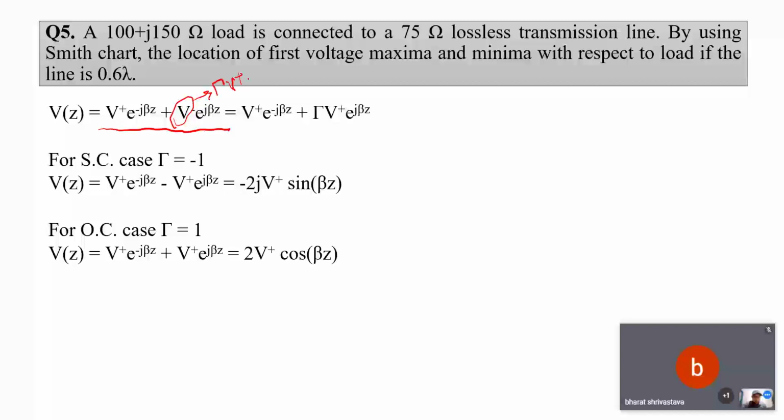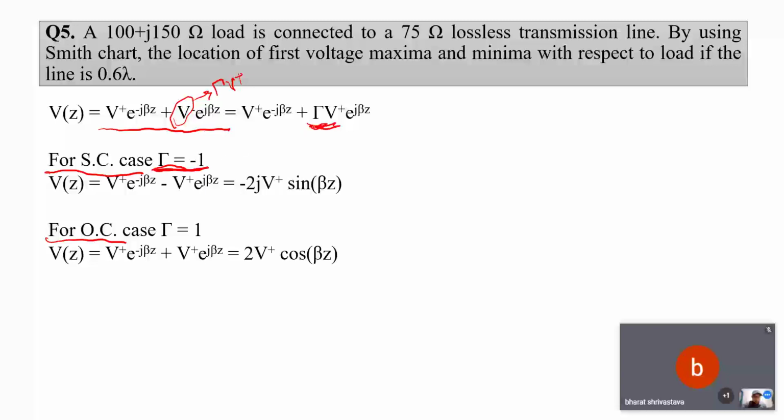There are two cases: one is when the load is short circuited and the second is when the load is open circuited. When the load is short circuited, the reflection coefficient gamma becomes equal to -1. So here you can directly put the value of gamma.